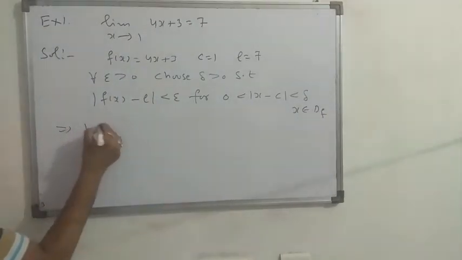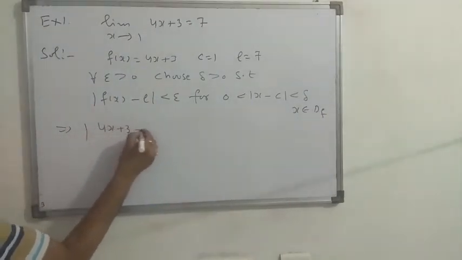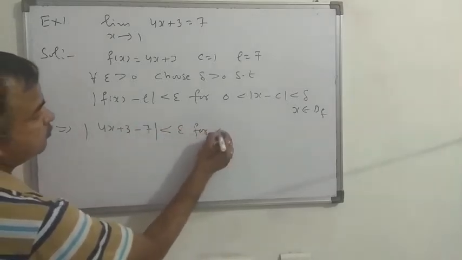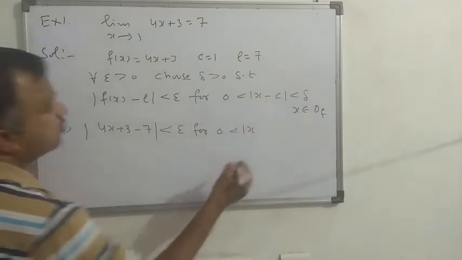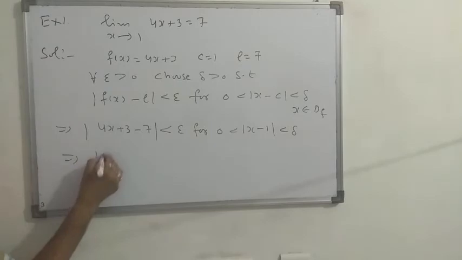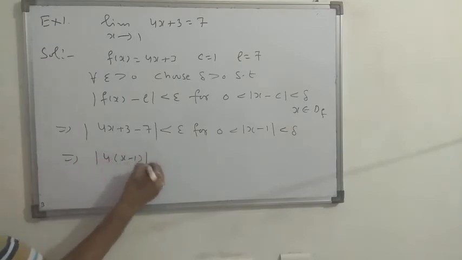Now putting the values of f(x), L is 7 here, and putting the value of c. So after calculating, this is 4 times modulus of x minus 1.